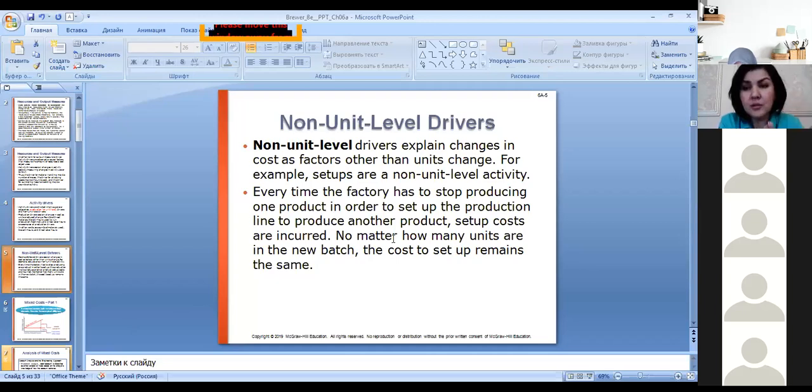For example, one batch is the production of t-shirts, a second batch is production of trousers. Regardless of how many shirts and trousers will be produced, the setup cost remains the same. So setup cost is for a new batch.